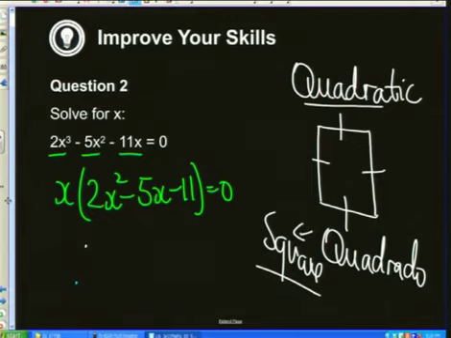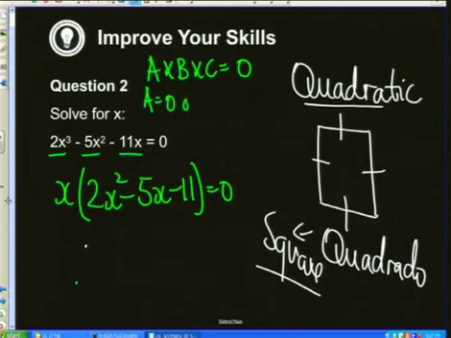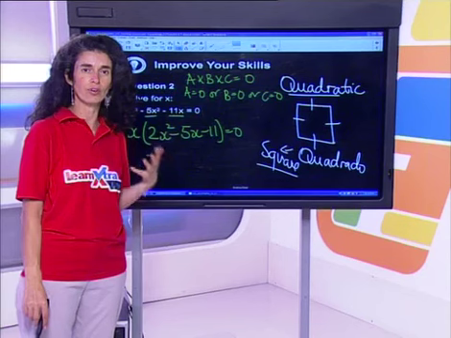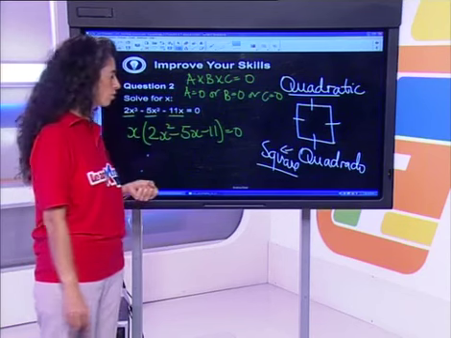Now remember, in our notes, we said that if you have a times b times c, and you're equating it to 0, then it means that a is 0, or maybe you can have b as 0, or you can have c as 0. What we don't want to do is take a term onto that side, because then it makes it impossible to solve.